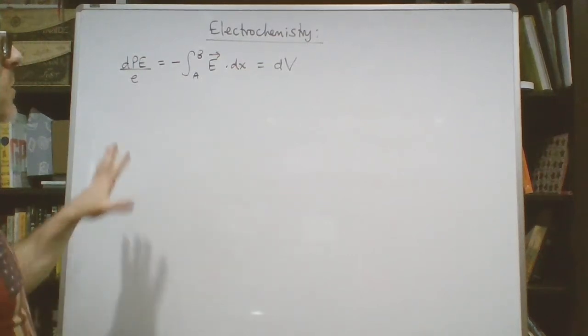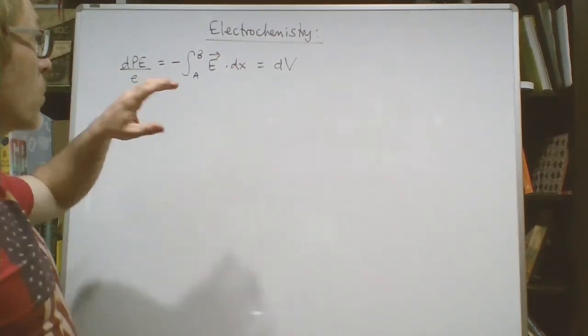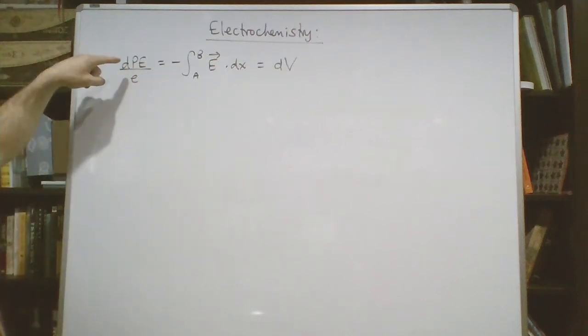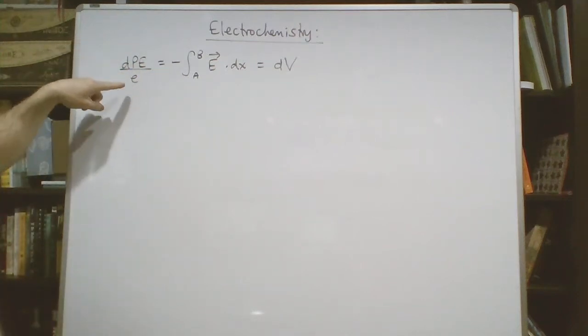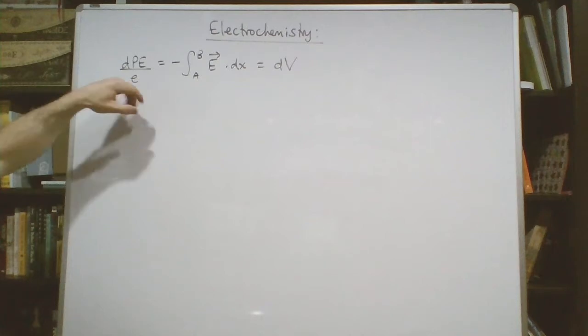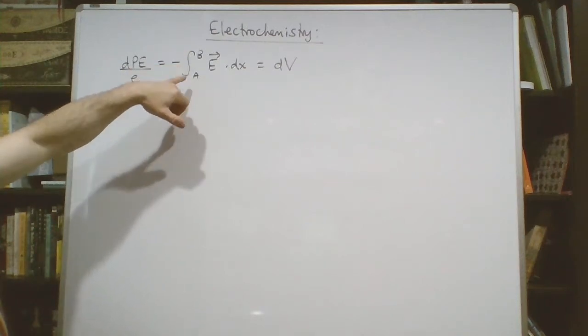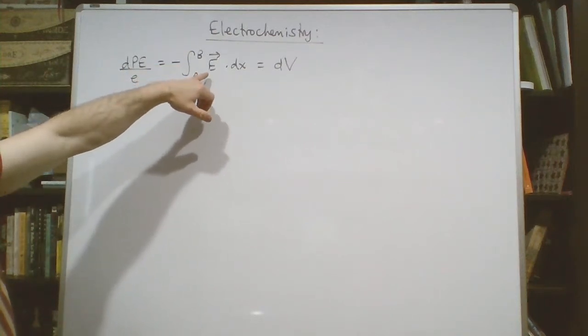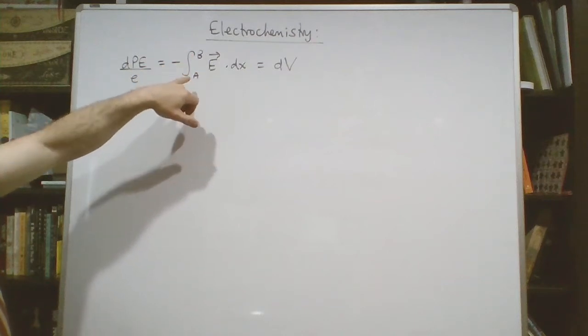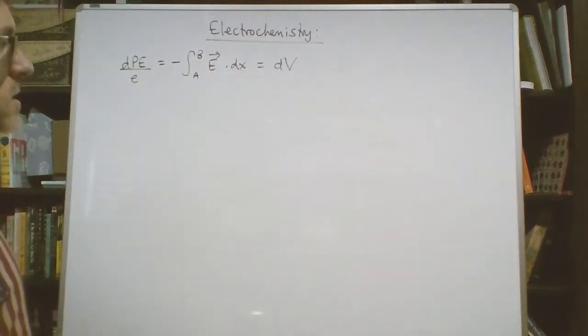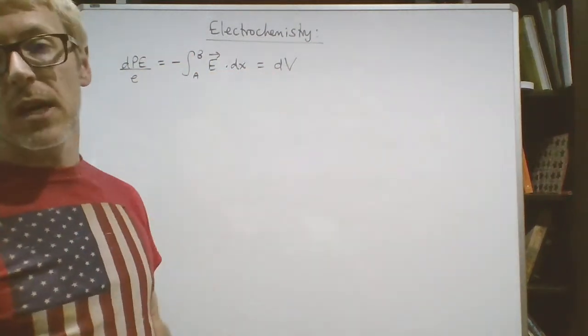Okay, so just to clear the board a little bit, recap where we left off. We said that the change in potential energy divided by the unit charge is equal to minus the integral of the electric field between positions B and A as the position changes, and that's equal to the change in voltage.